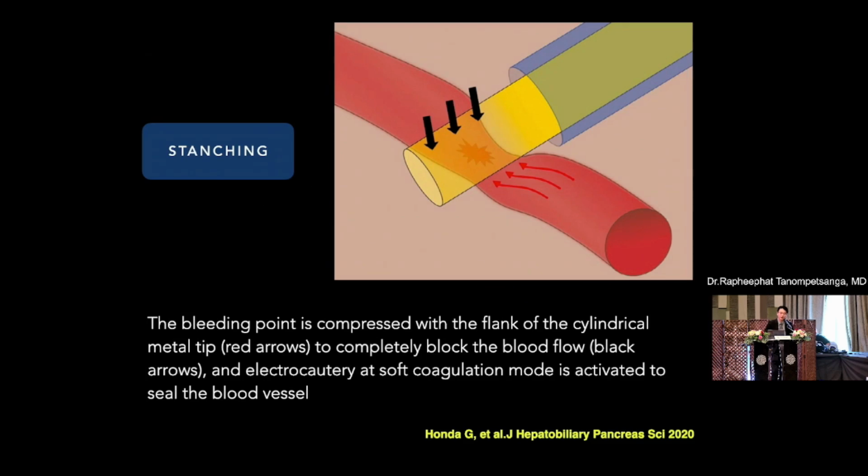And the third function is stanching. He described that when bleeding occurs, he uses the shaft of the QSA to compress and activate it in the soft coagulation mode to seal the blood vessel.